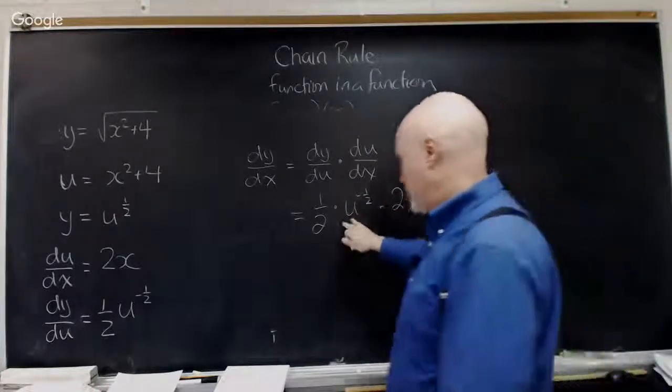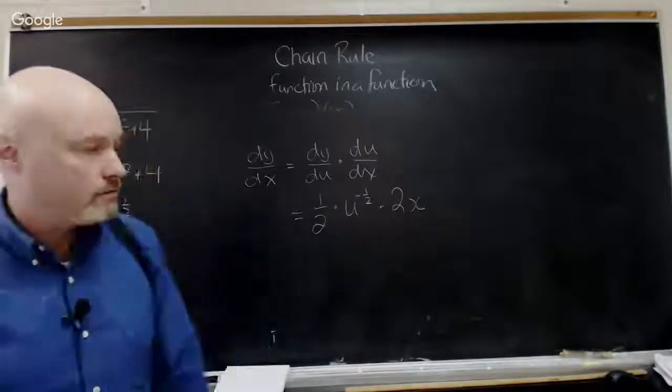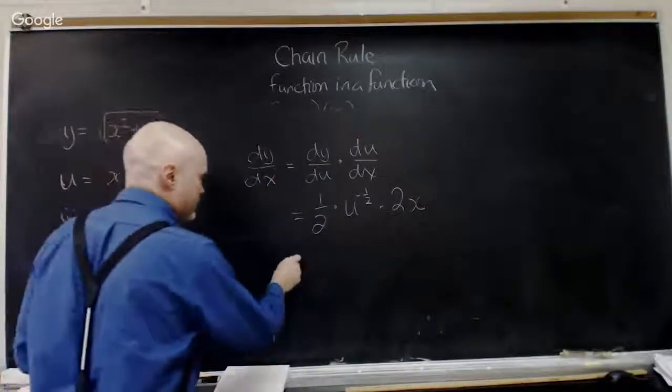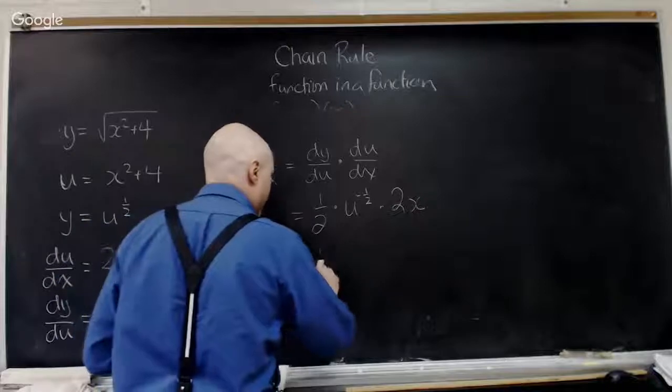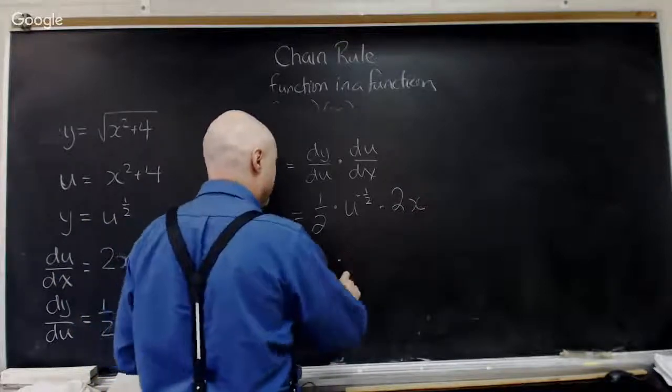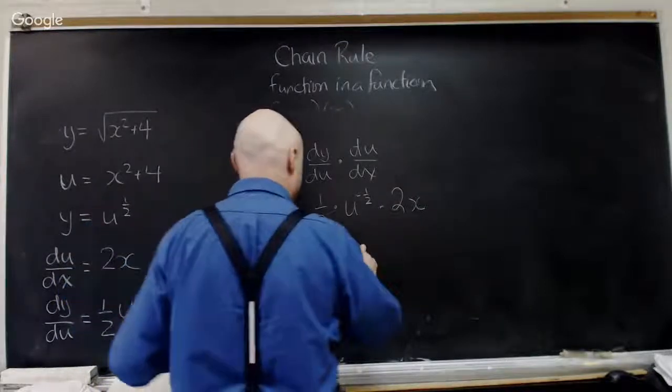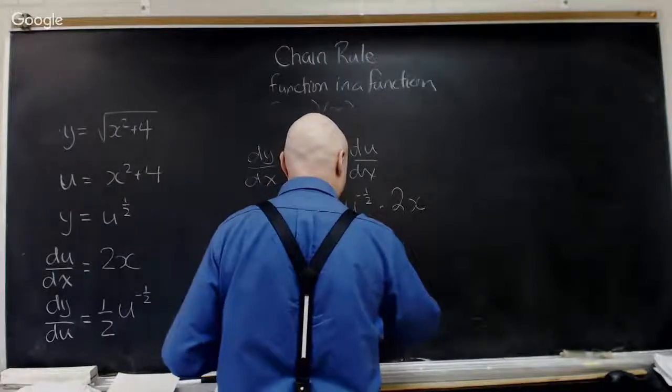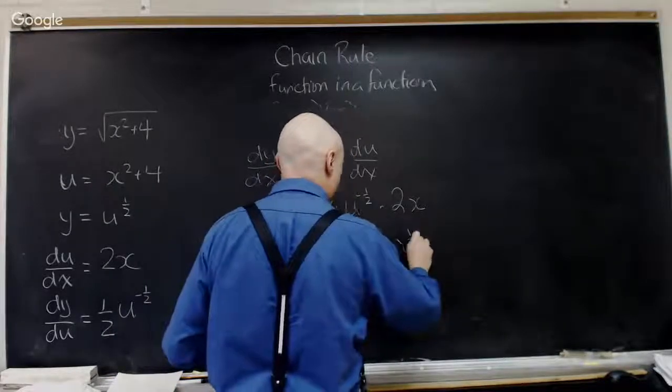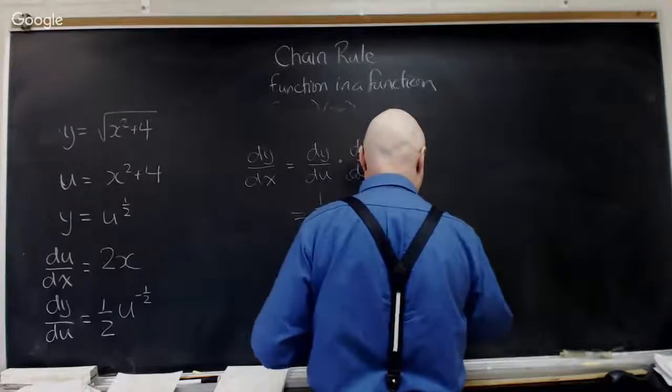But it's not good enough because I know that u is some function of x, so I'm just going to substitute this back in. It's equal to 1/2 times x squared plus 4 to the exponent negative 1/2, times 2x.